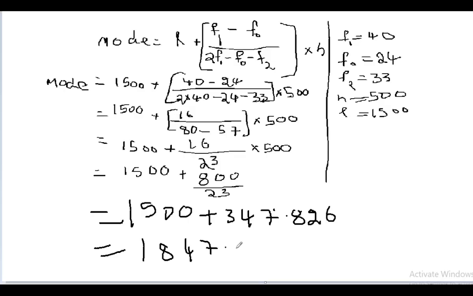If we round that to two decimal places, we will get 1847.83.